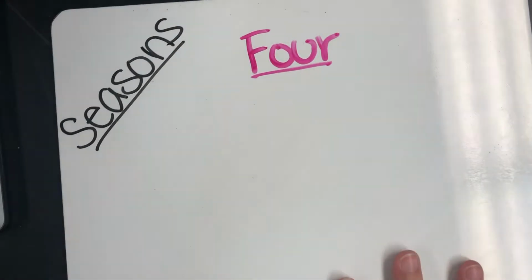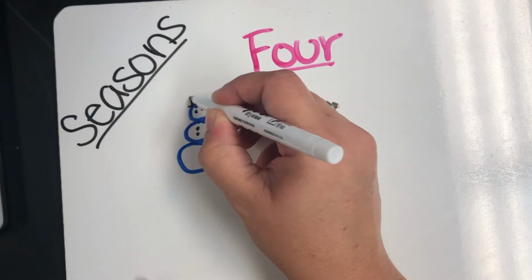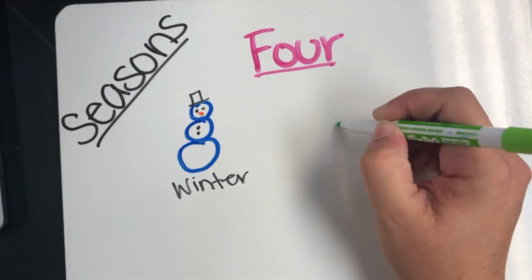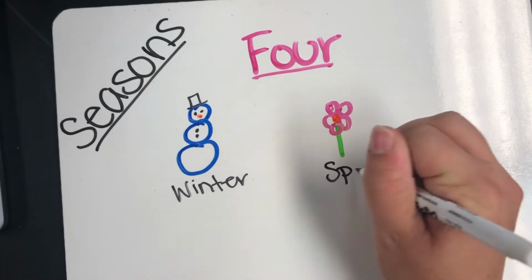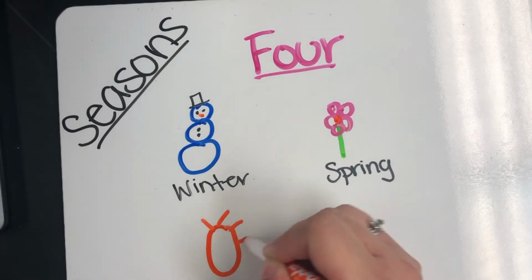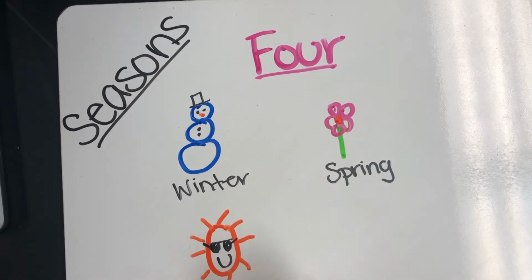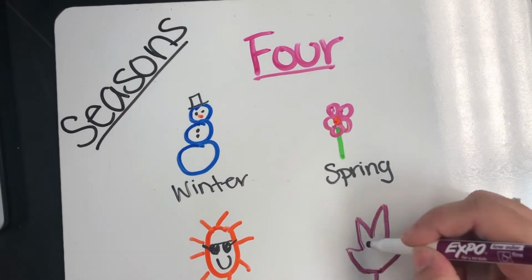As we know, most places outside of the polar regions and the tropics experience 4 distinct seasons: winter, spring, summer, and fall.